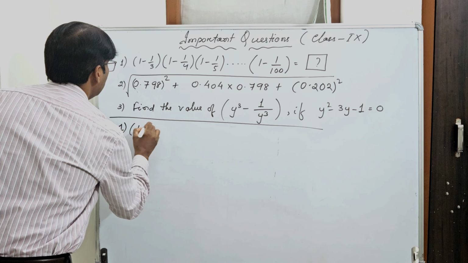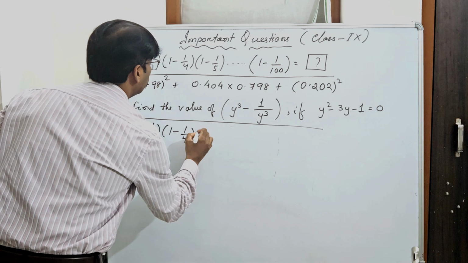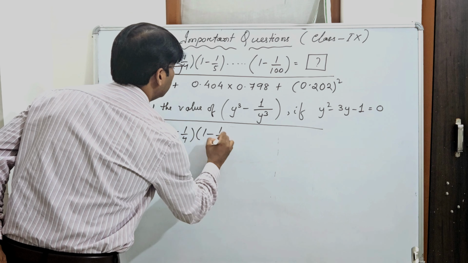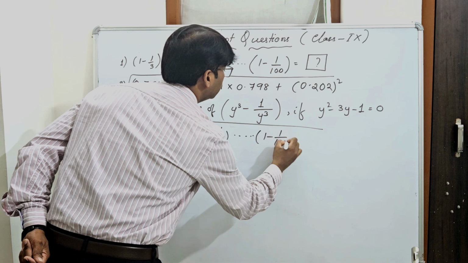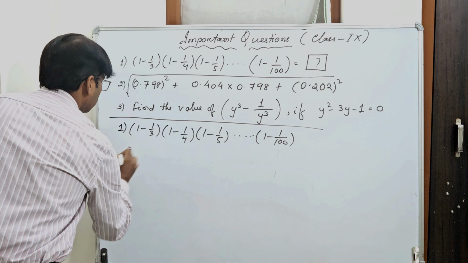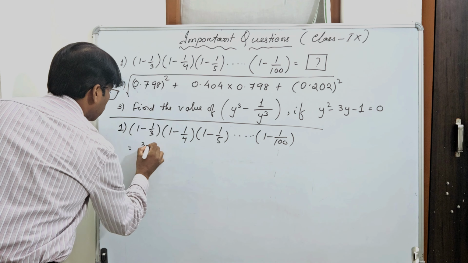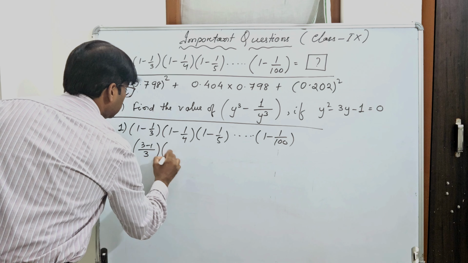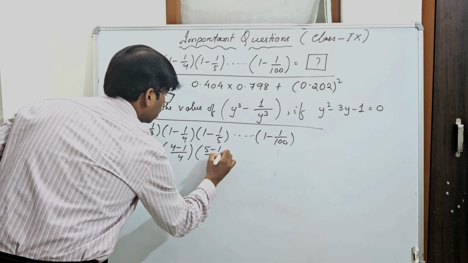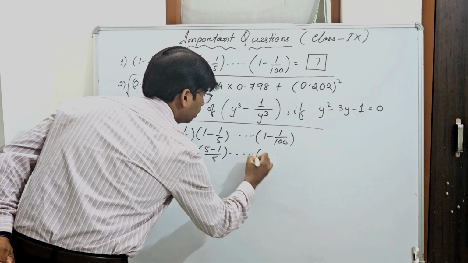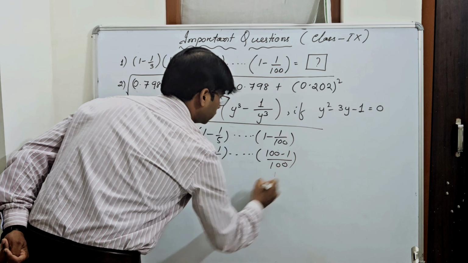So it is 1 minus 1 by 3, 1 minus 1 by 4, then 1 minus 1 by 5, then dot dot dot, 1 minus 1 by 100. So it is equal to how much? If you solve this, taking the LCM, it is 3 minus 1 by 3, then 4 minus 1 by 4, then 5 minus 1 by 5, then 100 minus 1 by 100, isn't it?